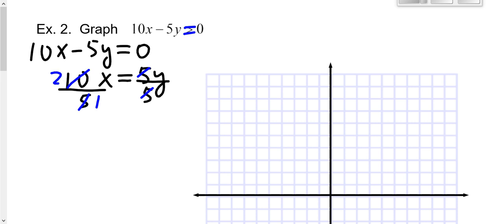Okay, nice and easy. So that means on the left hand side you have 2x, on the right hand side you have y.